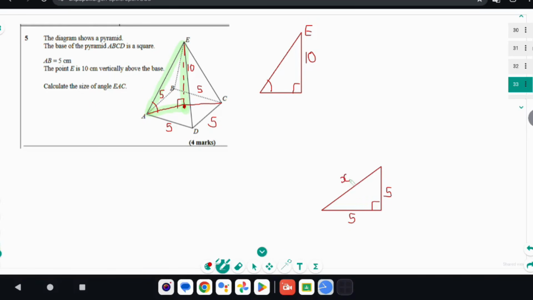And let's get this length here. Pythagoras, we have the hypotenuse. A squared plus B squared is equal to C squared. So we want the square root of 5 squared plus 5 squared would give us X. 7.07.